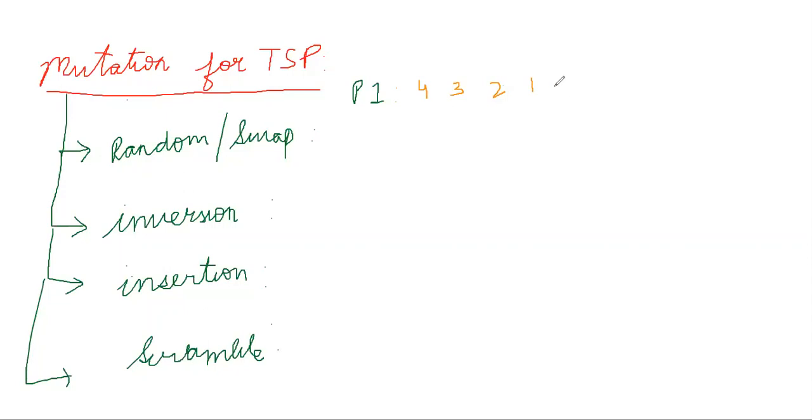This is the individual or the chromosome to which we want to apply my mutation operator. This is referring to a traveling salesman problem with a city tour of 10 cities.